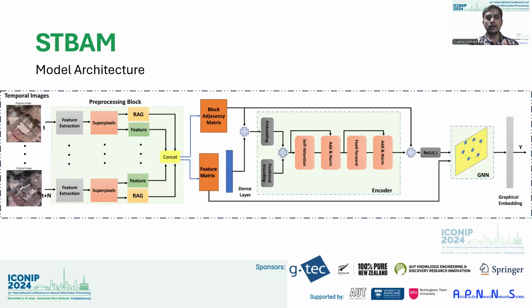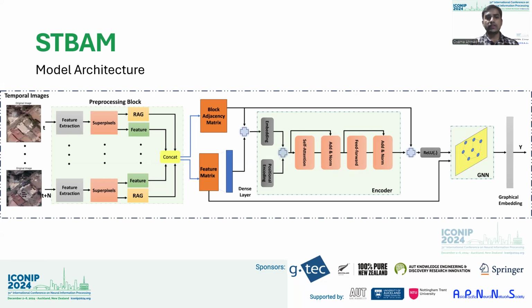So this is our proposed architectural pipeline, which mainly consists of feature extraction, and then we convert these images into superpixels.